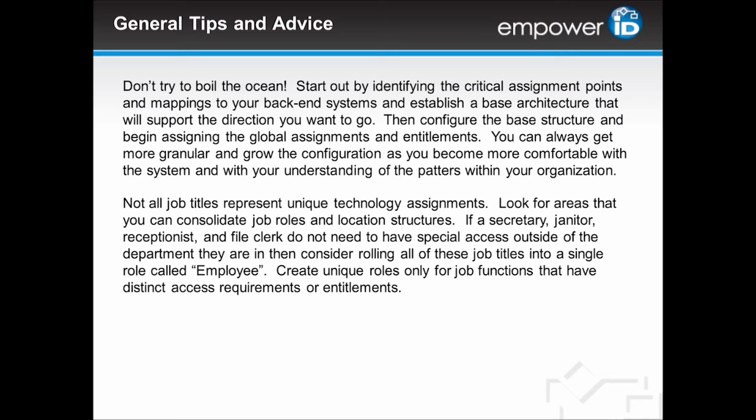Now keep in mind this is separate from the location structure. All right, so if I have a secretary associated with a particular department and that secretary gets particular file system access or share access because they're in that department, then it's not the fact that she's a secretary that she gets that access. It's just the fact that she's a general employee in that particular department.